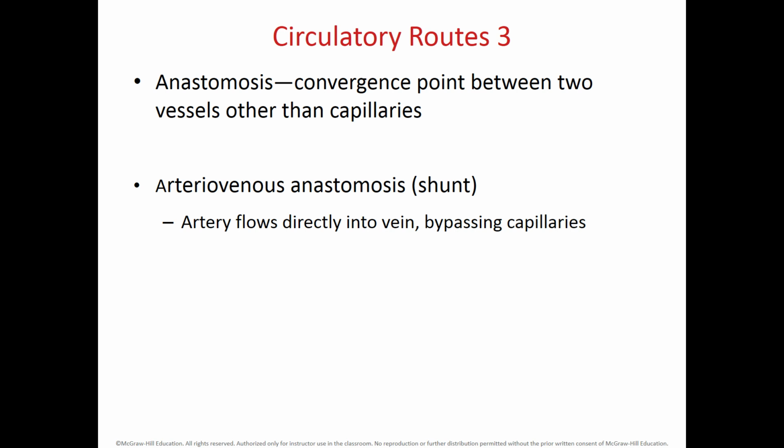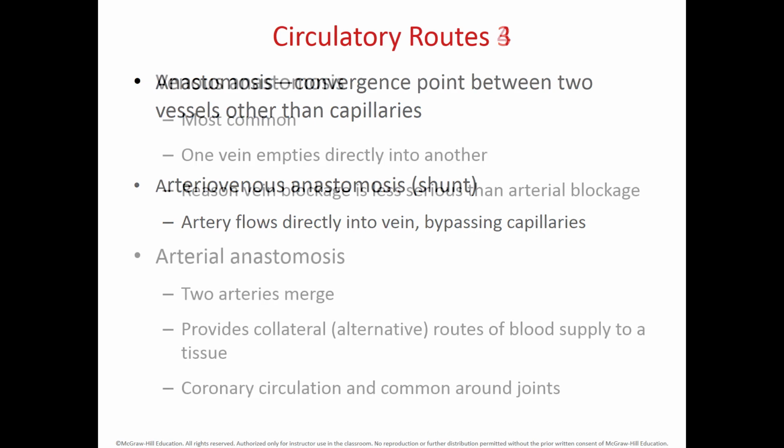And when you shut down these capillaries, when you bypass them, you allow the blood going directly from arteries into the veins to maintain a specific blood pressure so that the person can receive more blood supply into the brain, into the heart, or into the kidneys.